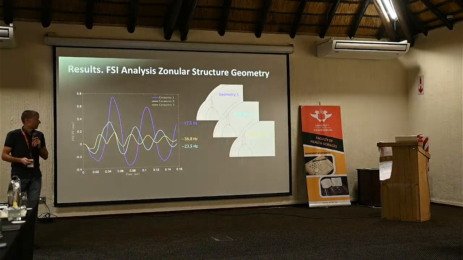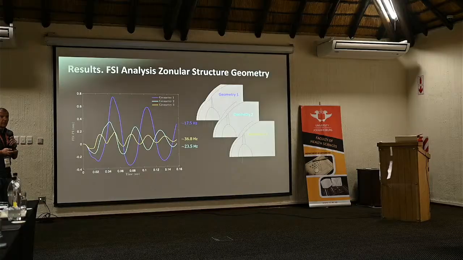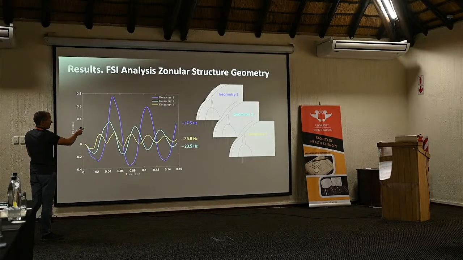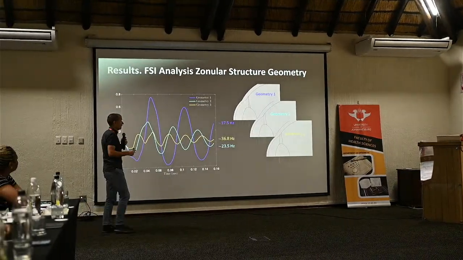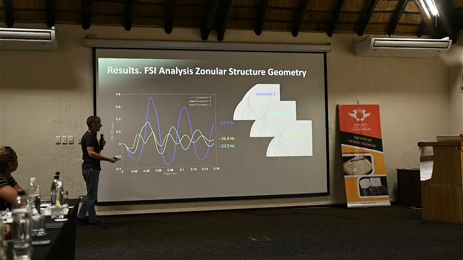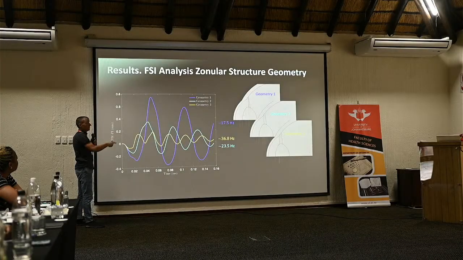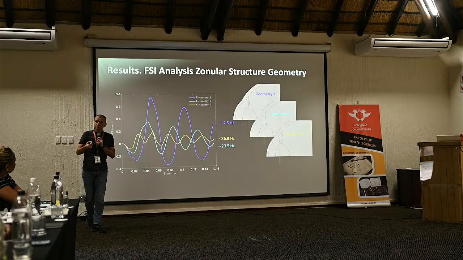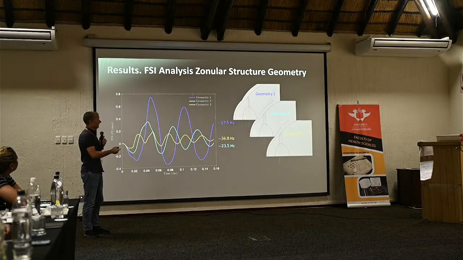Another sensitivity analysis that we can conduct relates to the geometry of the zonular region. Here you can observe that the volume of the suspensory ligaments increases from geometry 1 to geometry 3, and accordingly, the oscillating frequency increases with that increasing volume.